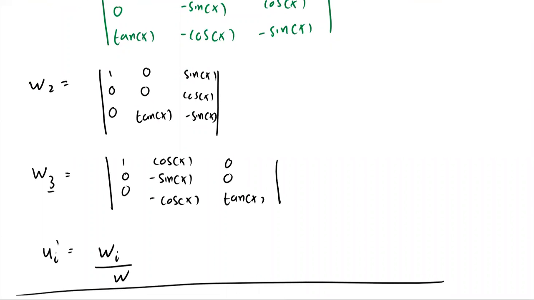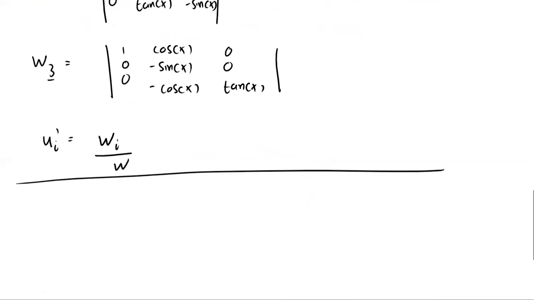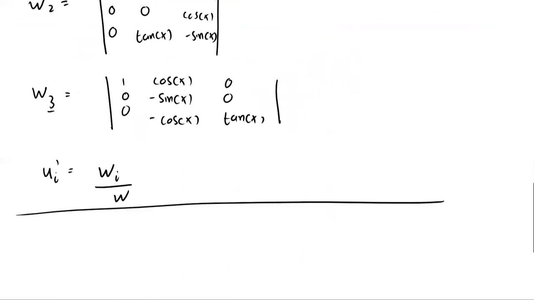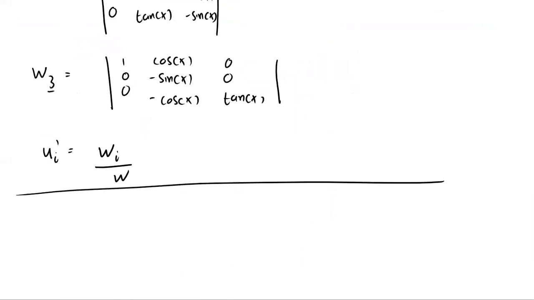Once you have all of these written down, and you can write these on paper, then it's time to find each u sub i prime, which by definition is w sub i divided by w. Now we went into Mathematica and calculated each of these determinants. We went over a video of how to do that. It's a quick video, but still enough to see how to do it. And let me write the results that we found.